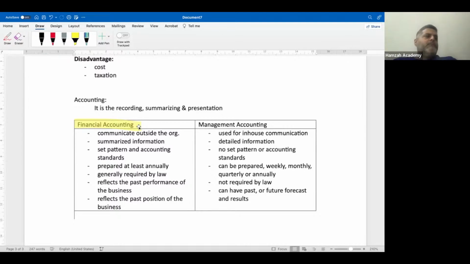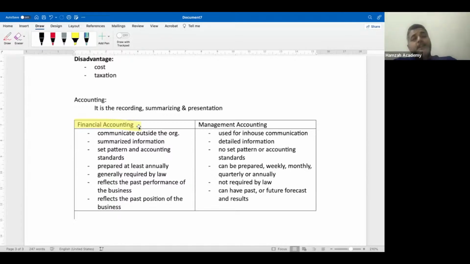For example, this is the new year now. We are on the 17th of January, so at this time the accounts for the businesses which have a year end of the 31st December are being prepared on full throttle. By the end of January or mid-February, the accounts are going to be published, and then we all are going to know what has been earned, what the profit or loss is for the business for the year ended 31st December 2024.